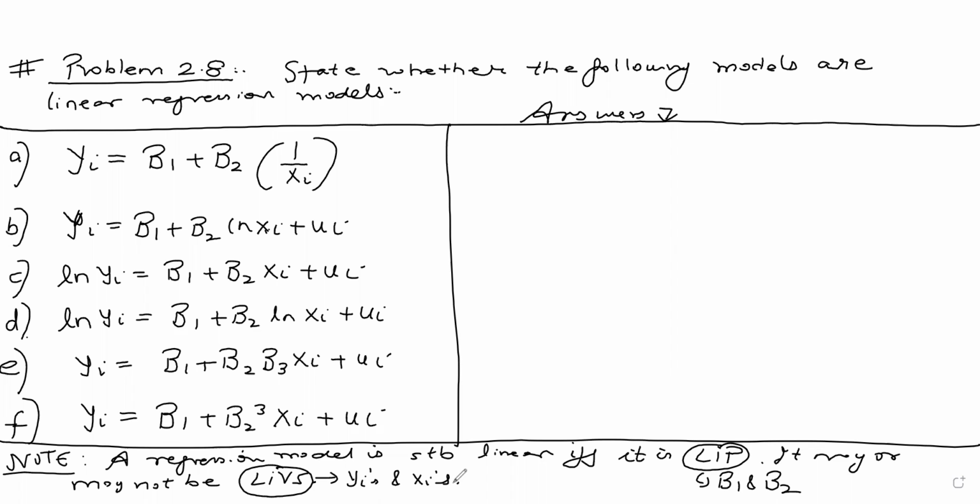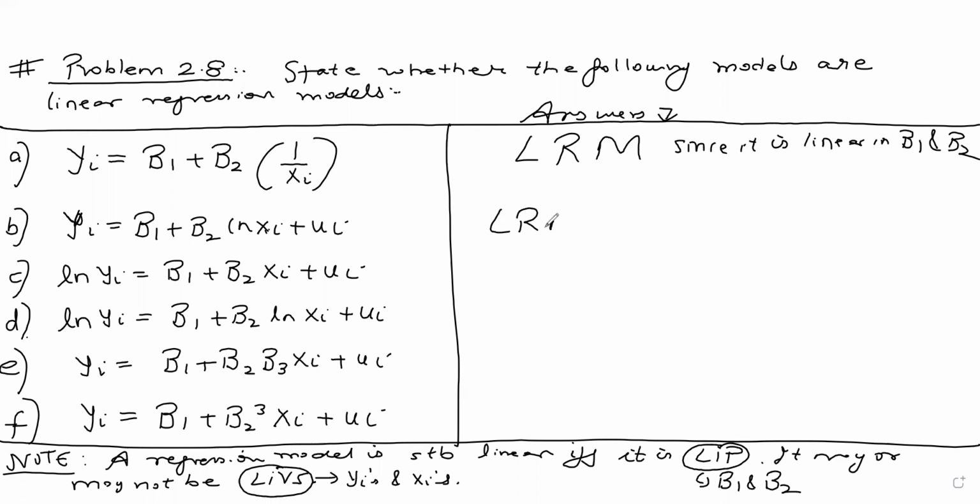So now the question becomes very easy. Let us see whether the following models are linear regression models. Look at the first one. You ask yourself, is it linear in B1 and B2? If your answer is yes, it's a linear regression model. If it's not linear in B1 and B2, it's not a linear regression model. So this is a linear regression model since it is linear in capital B1 and capital B2.